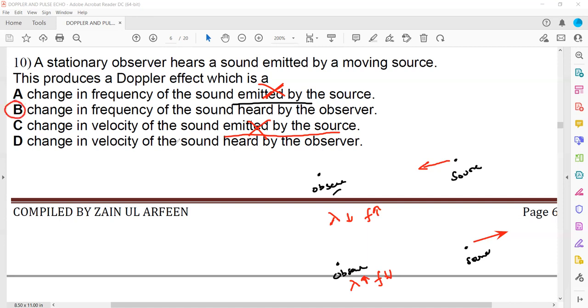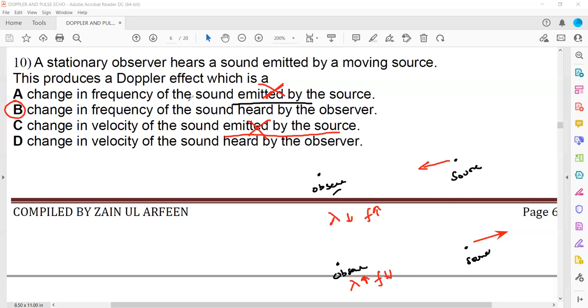And then there's a change in velocity. Velocity of the wave is not changing. Speed of the source can change, but here the observer is stationary, so the speed of the source can change, but not the wave which is emitted out. The speed of the wave, even if it's a sound wave or a light wave, does not change when it travels from source to observer.